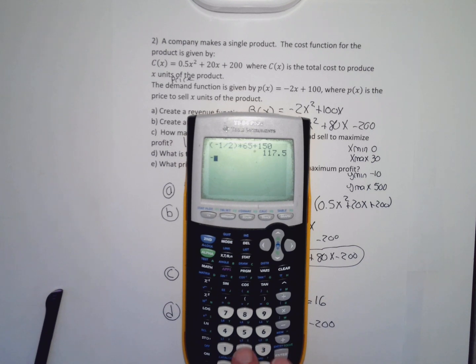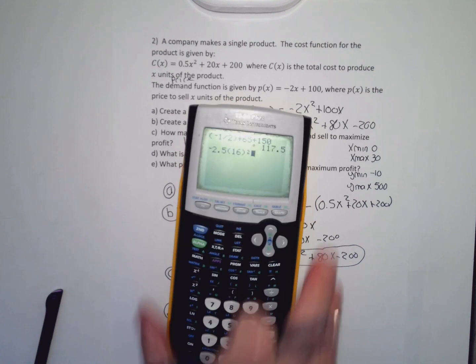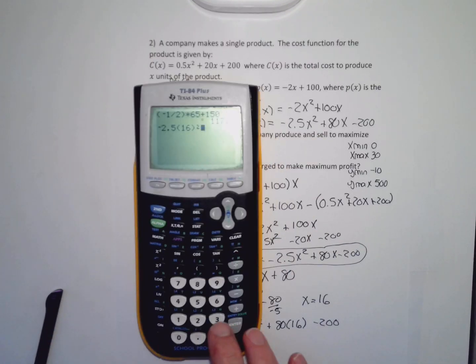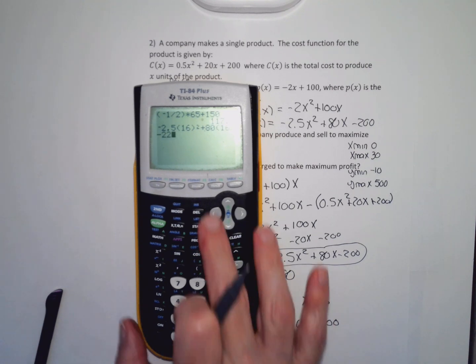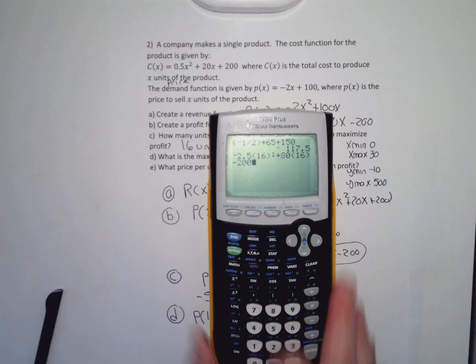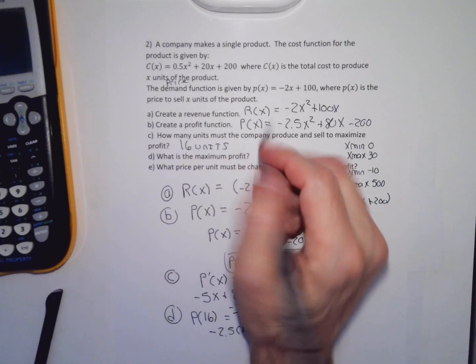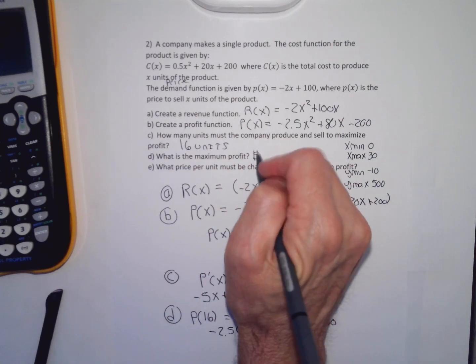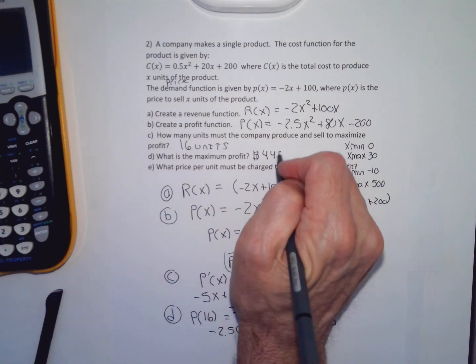Negative 2.5 times 16 squared plus 80 times 16 minus 200, which was just plugging in 16 into the profit function, and that's what my calculator did when I did the second calc value. That gives me the profit. What is the maximum profit? The answer to part D is $440.